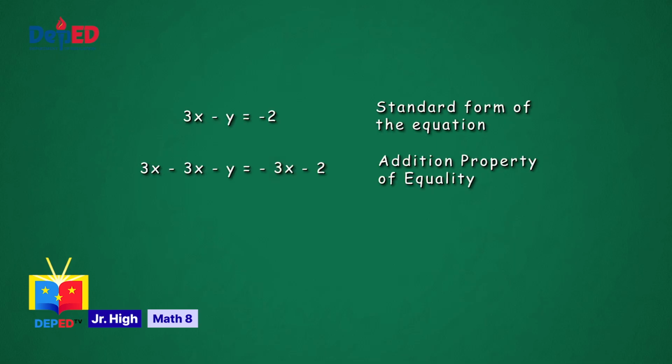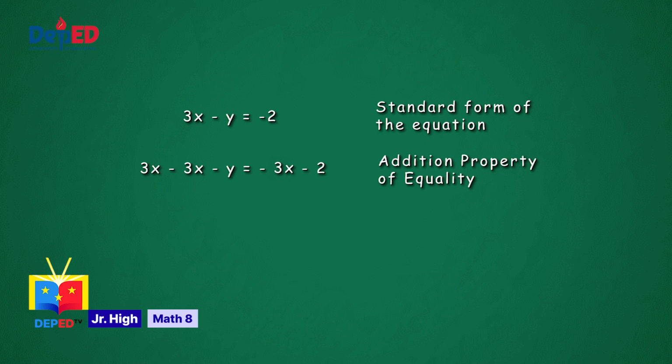By the addition property of equality, we could add negative 3x to both sides of the equation. And we will have 3x minus y equals negative 3x minus 2.